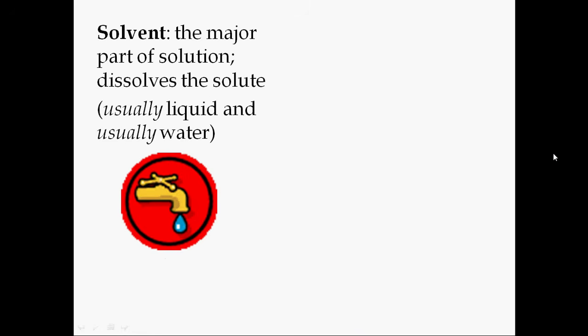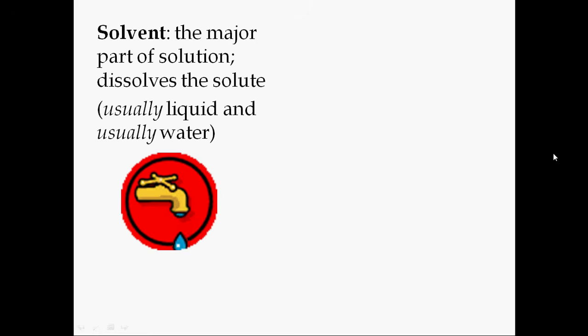Right. Now, solutions are made up of two main parts. The first part that we'll talk about is called the solvent. And the solvent is the term that we have for the majority of the solution. Whatever our biggest substance is that makes up most of our solution is typically the solvent. It is the thing that is dissolving our other component.